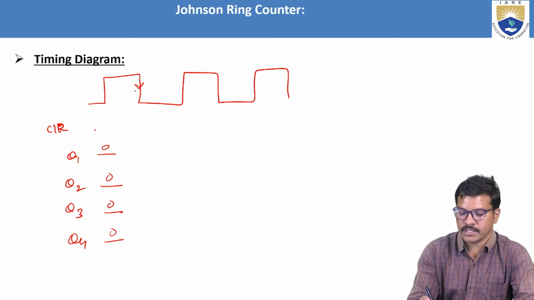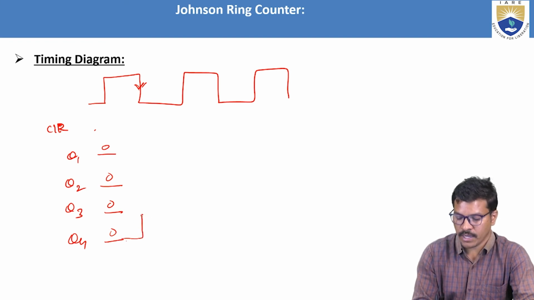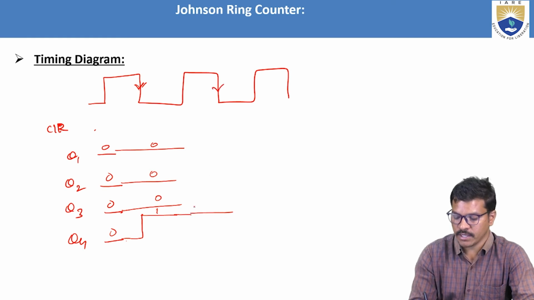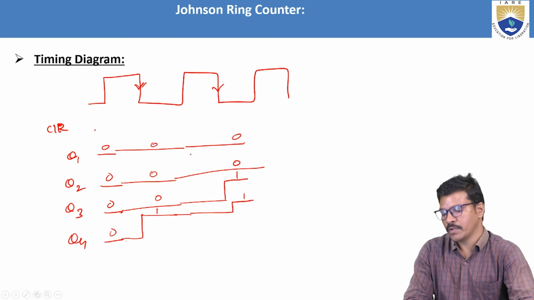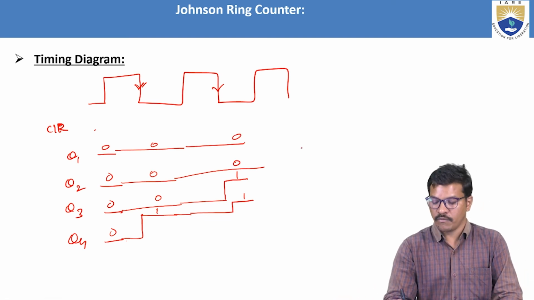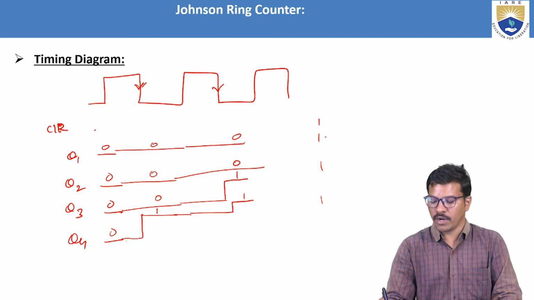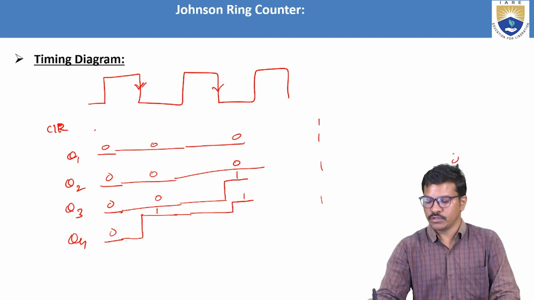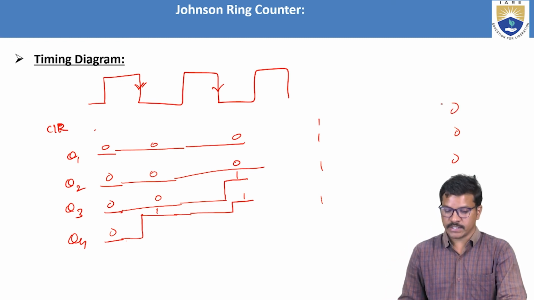For the next clock pulse, this will be 1, 1, 0, 0, and likewise it goes on. For the first 4 clock cycles it becomes 1, and again it changes to 0, 0, 0 after 8 clock pulses.